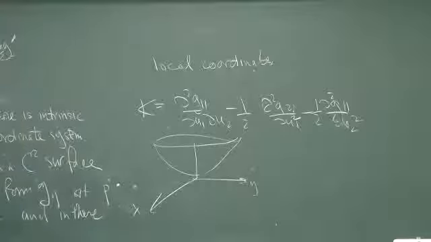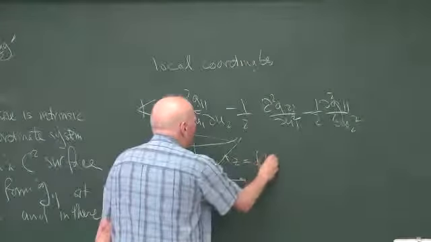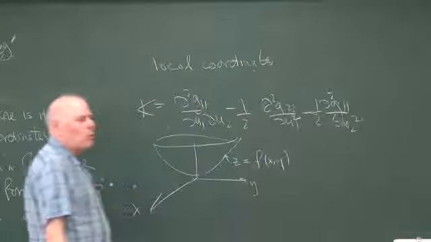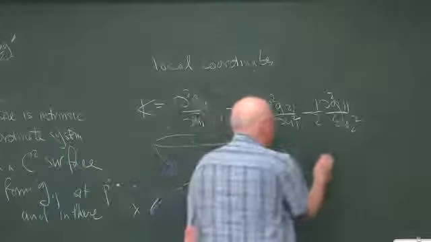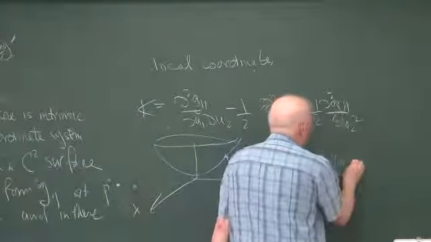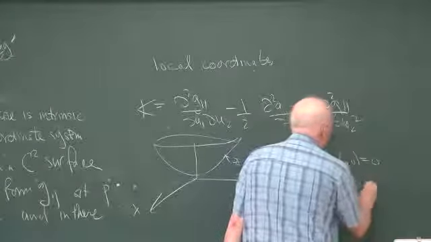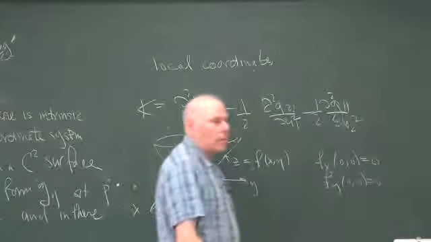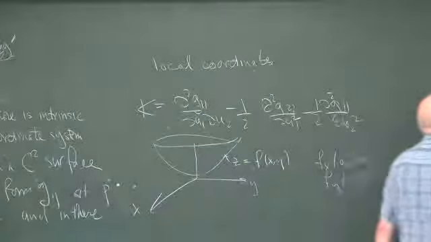So we made things simple. So that's z equals f of x, y. That's how we set up the local coordinates. Okay? And f sub x equals 0 and f sub y equals 0 at the origin, we moved everything to the origin, and the first derivatives are 0.